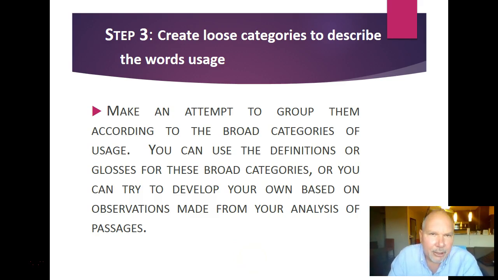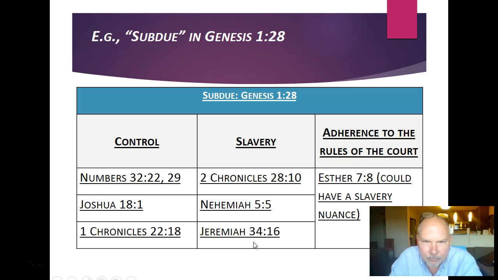So for step 3, we want to create loose categories to describe the word's usage. That is, to make an attempt to group them according to broad categories of usage. You can use the definitions or glosses from these broad categories, or you can try to develop your own based upon the observations made from your own analysis.